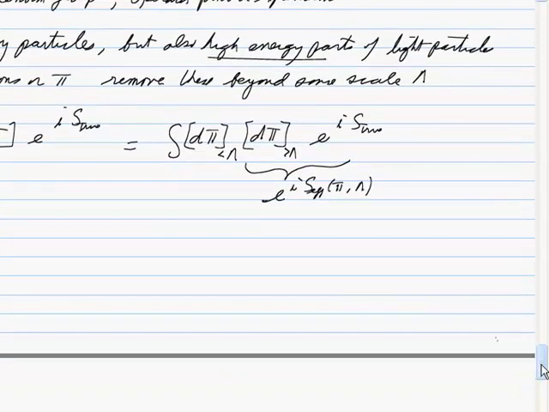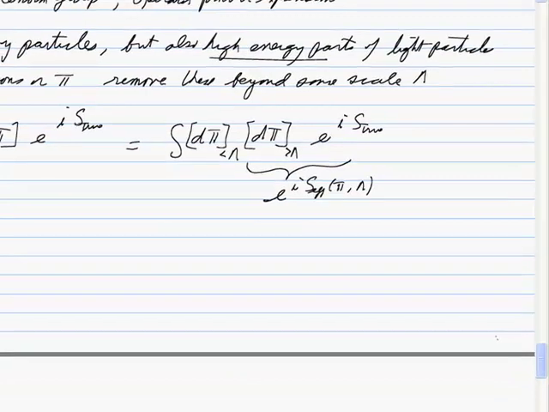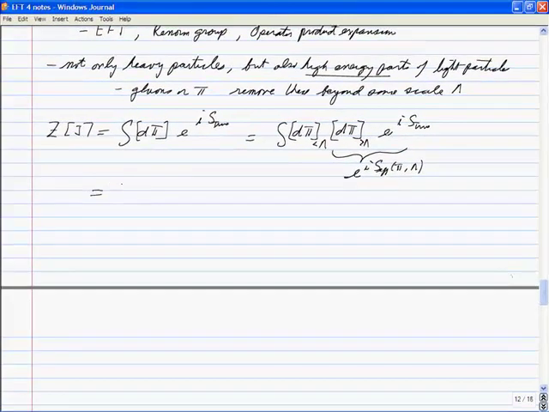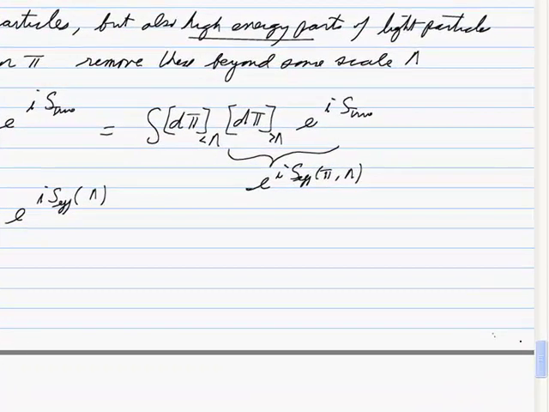Okay. So that we then end up having our effective theory is we take pi's only below some scale, and we have e to the i S effective. It depends on that scale. Okay, so that's Wilson's basic thought process.